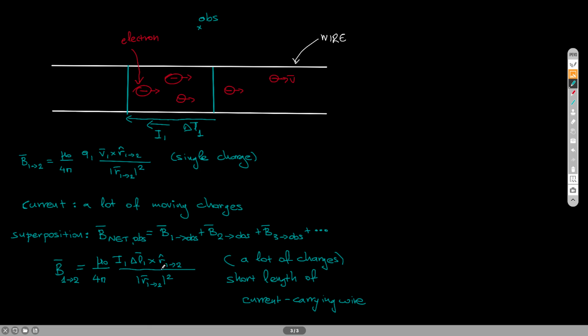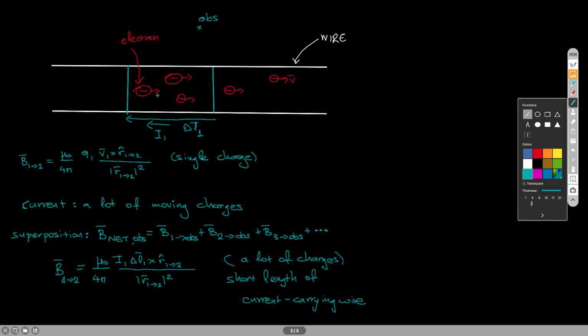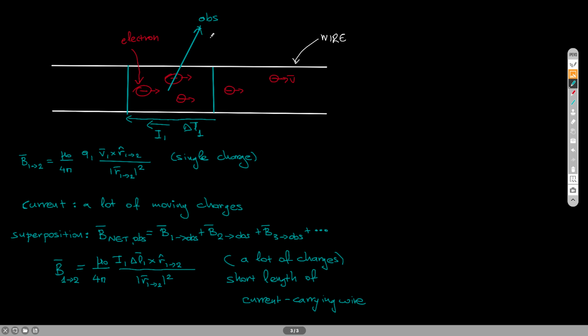Now, the rest of it is r hat from the source location to the observation location. And I'm going to treat the source to be the center of this piece. And this vector r needs to point from the source to the observation.